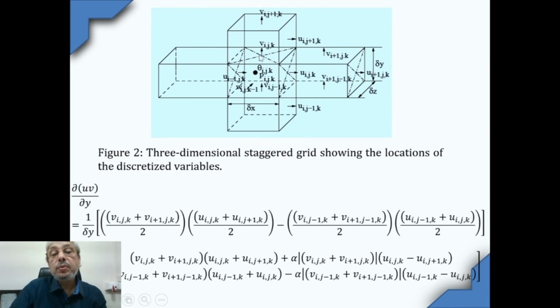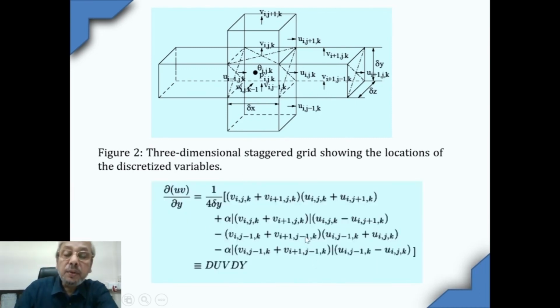So u at this point, that means uijk plus ui plus 1 jk by 2, this quantity under mod, and also vi j minus 1k and vi plus 1 j minus 1k, average of these two v's here also under a modulus sign to create the flexibility that it can be positive or negative both.